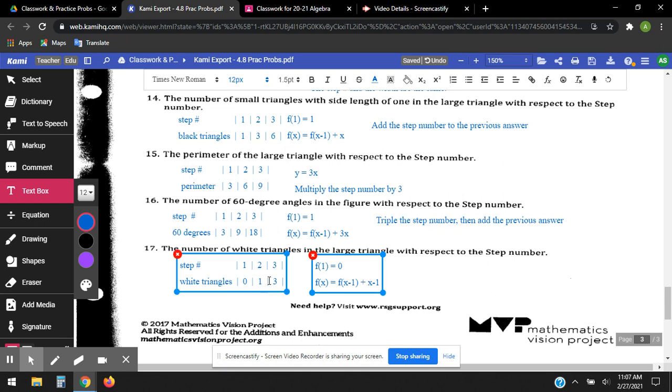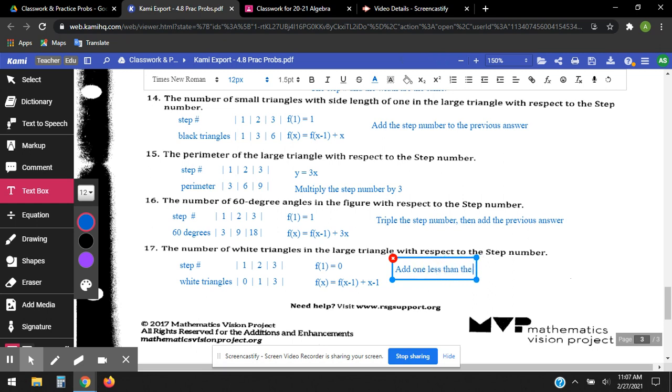Because I'm going to take my previous answer and add the step number behind it. So if I have a 3 here, I want to take the answer to 2, which is 1, and add 3 minus 1, which is 2, to get 3. Yep. Okay. So I'll add 1 less than the step number to the previous answer. All right.